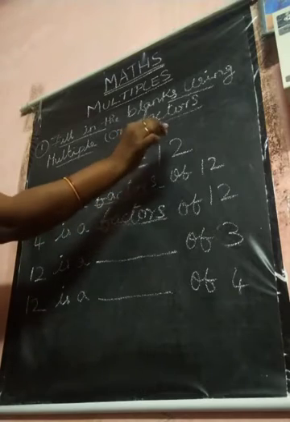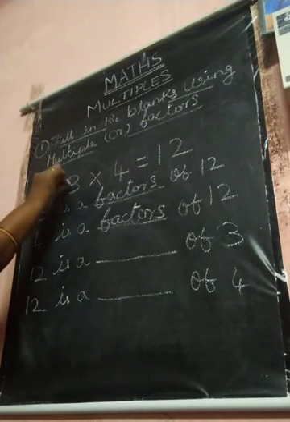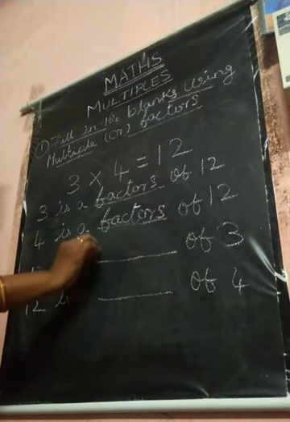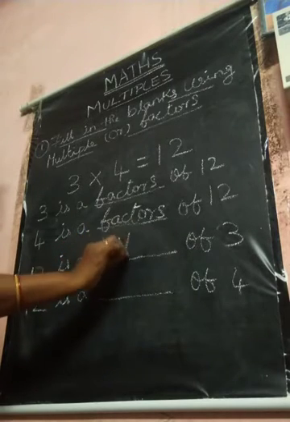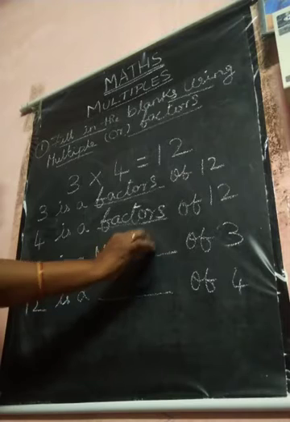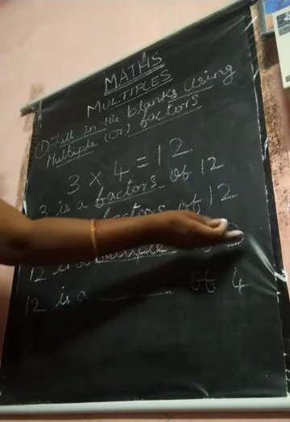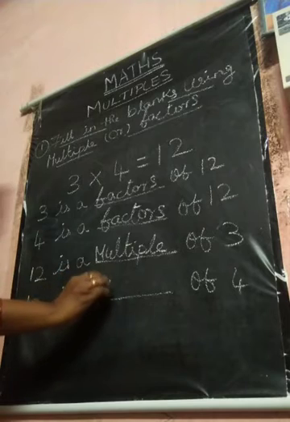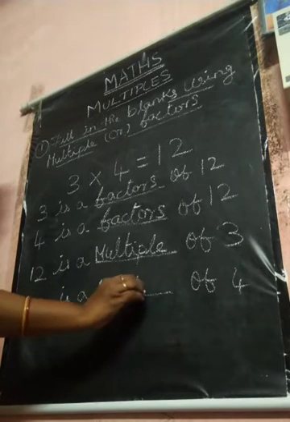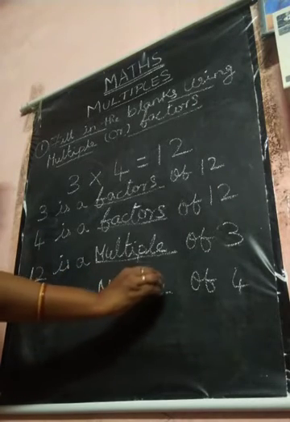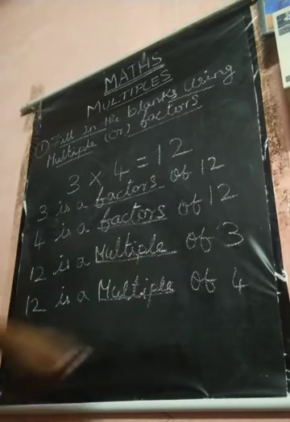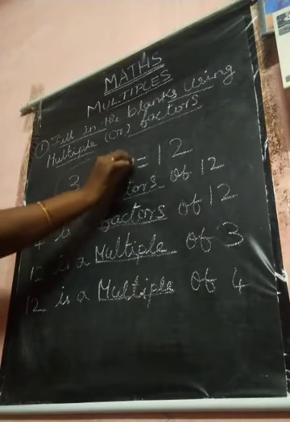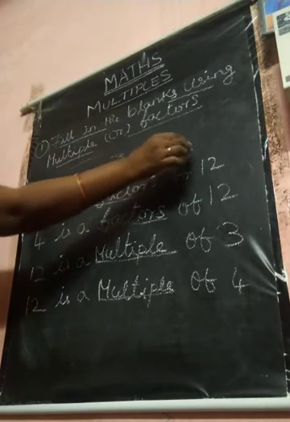The same way 12 is the multiple of 3 and 4. 12 is the multiple of 3. The same way 12 is the multiple of 4.